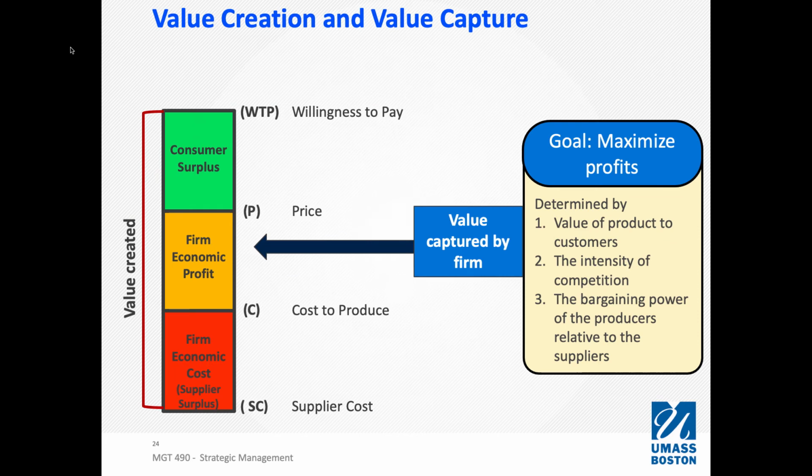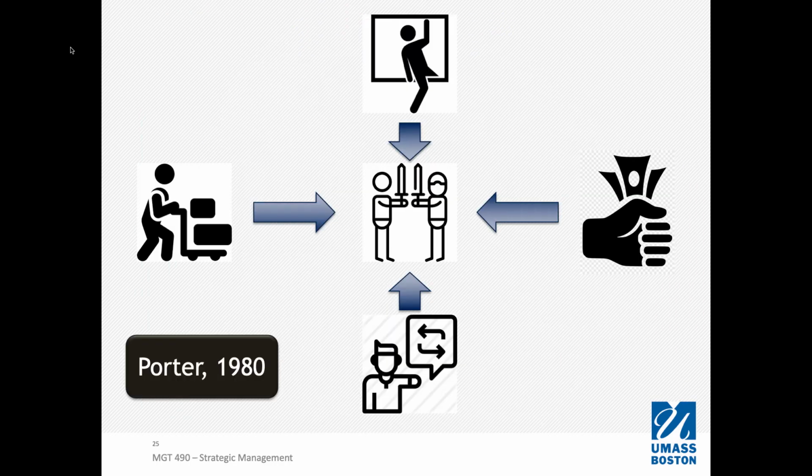And we are going to think about how the various forces that he came up with affect all of these, and how that affects what economic profits can be captured. Remember, if something's highly competitive, economic profits go to zero, okay? So what we're talking about with Porter's 5 forces is whether or not firm economic profits can potentially be large, or will they be constrained? Does that make sense? All right.